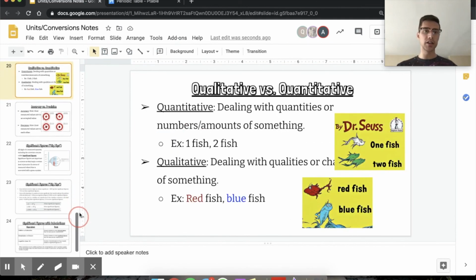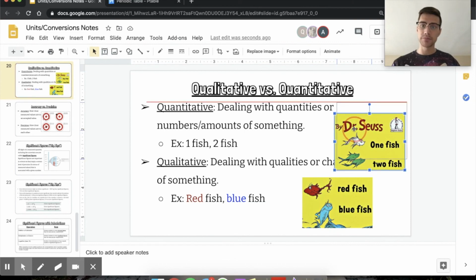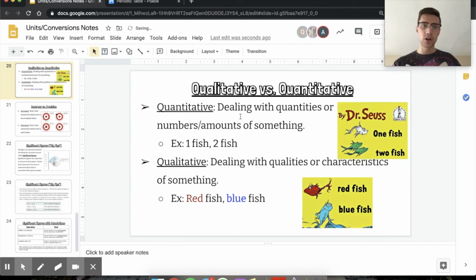Qualitative versus quantitative. All right, so in general, we have two different ways of describing quantities or variables in chemistry, okay? Now, quantitative or a quantity has to do with numbers, okay? 1 fish, 2 fish. 1 fish is a quantity, 2 fish is a quantity. A qualitative description has to do with the qualities or characteristics, right?